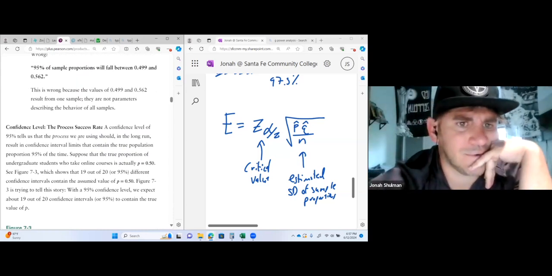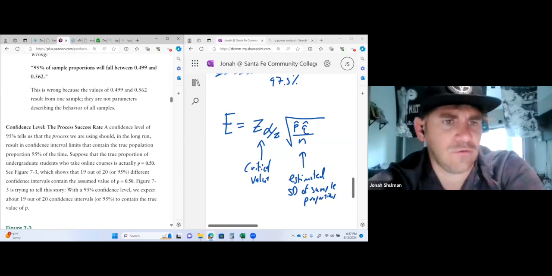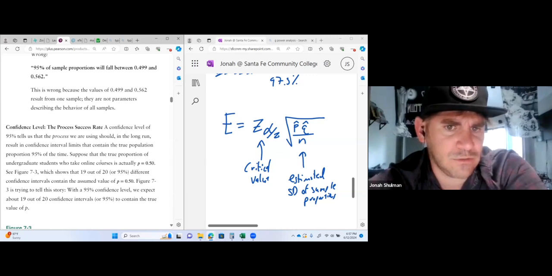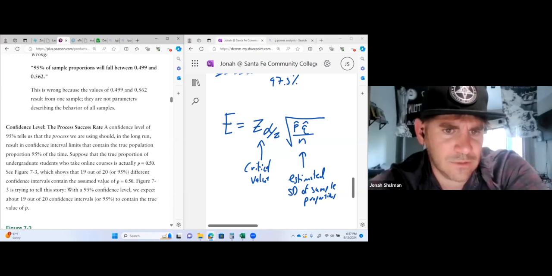Confidence level tells us the process we are using should in the long run result in confidence interval limits that contain the true population proportion. Suppose the true proportion of undergraduate students of an online course is actually 0.5, which shows that 19 out of 20 different confidence intervals contain the assumed value of 0.5.